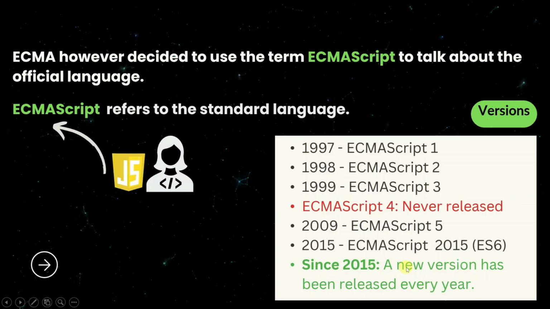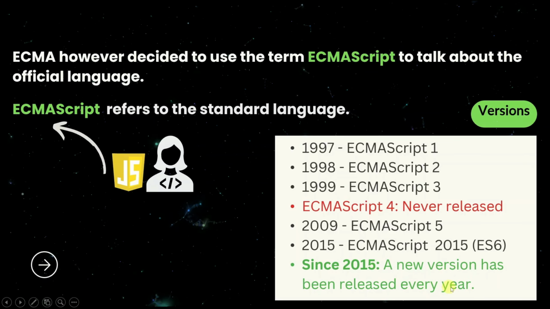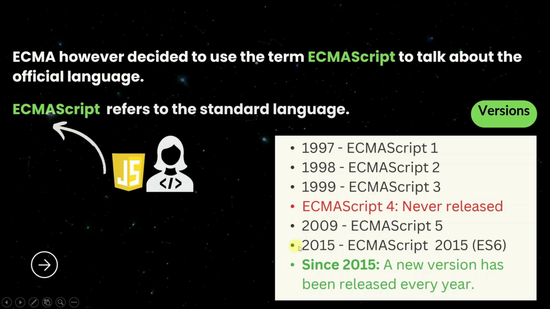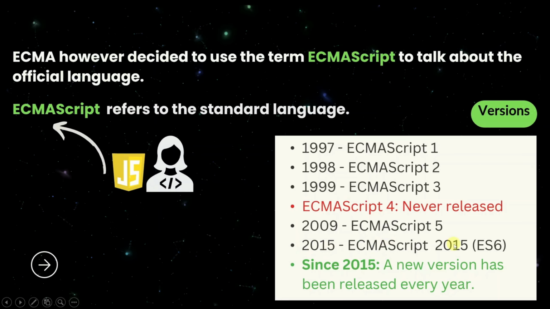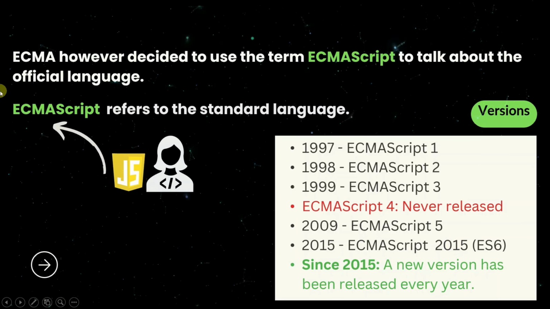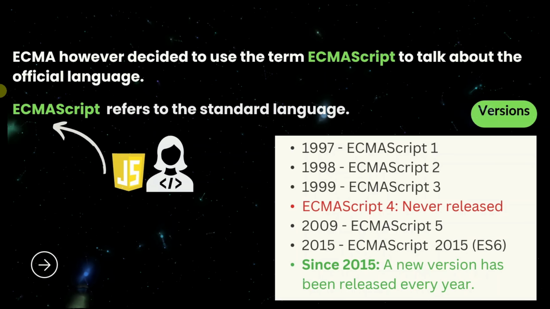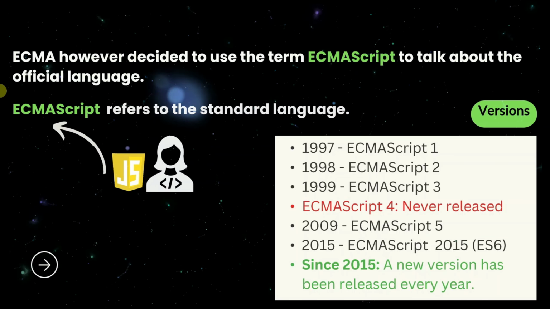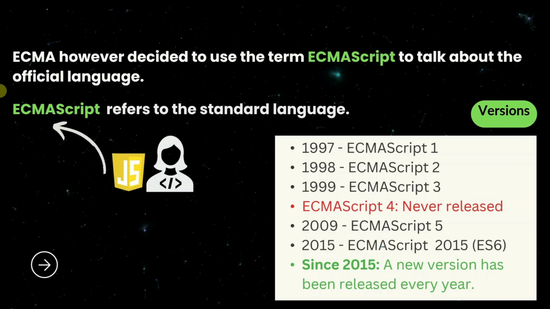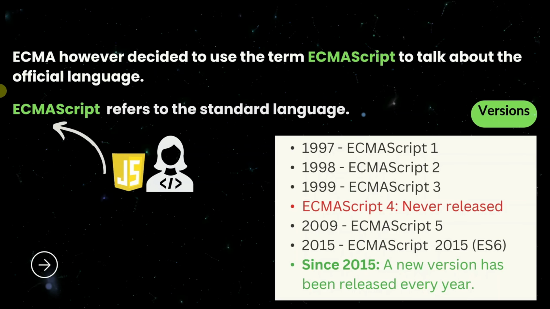Since 2015, a new version has been added every year. So here this represents the year, ECMAScript 2015. For 2016, we have ECMAScript 2016, that is ES7, and again for 2017, ECMAScript 2017, and it keeps on going.